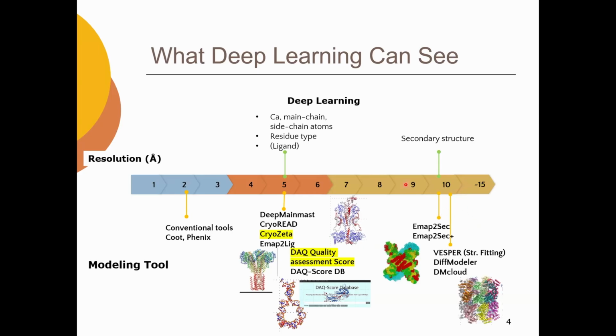Although we don't cover it today, up to 10 angstrom, we can do secondary structure detection and structure fitting. That is also a powerful method for structure modeling. Those are all implemented in the EM server.